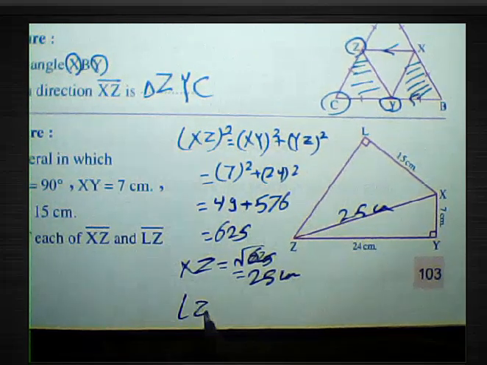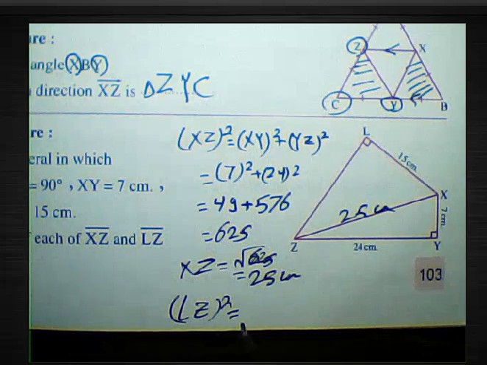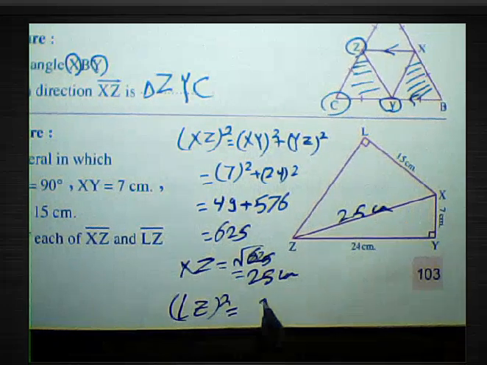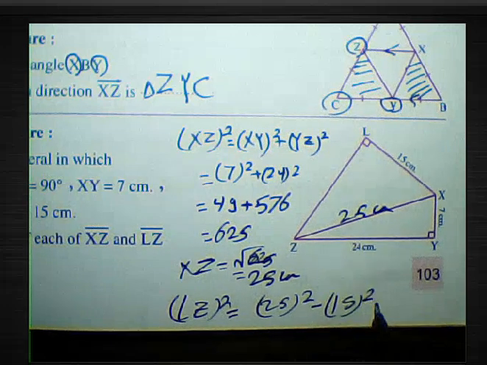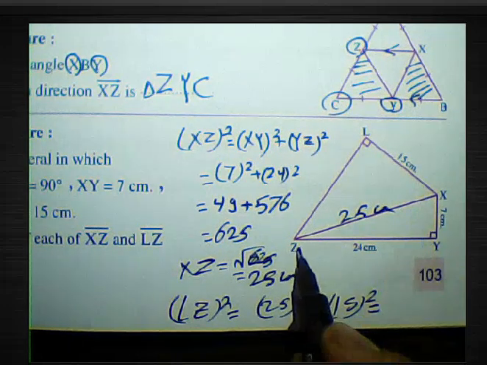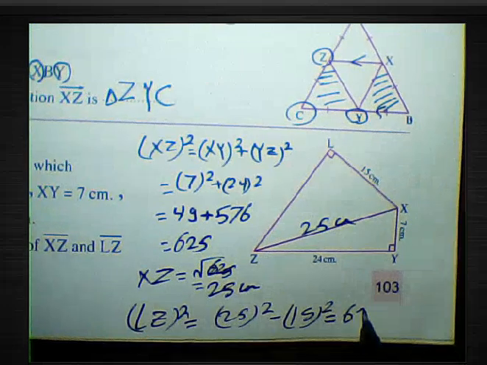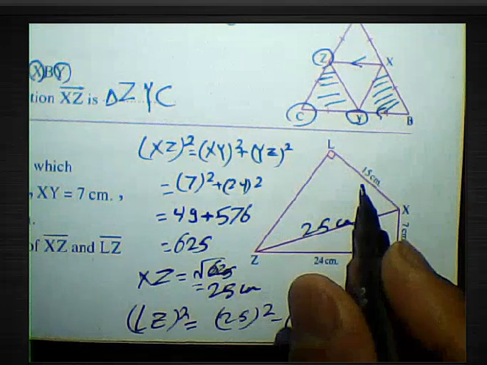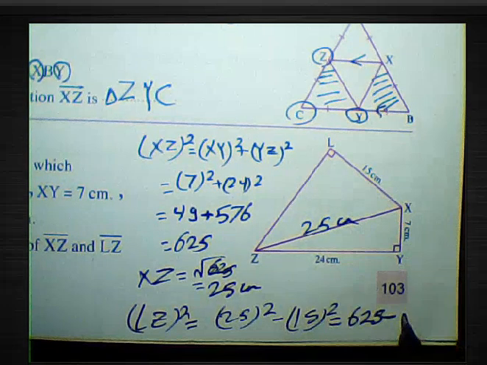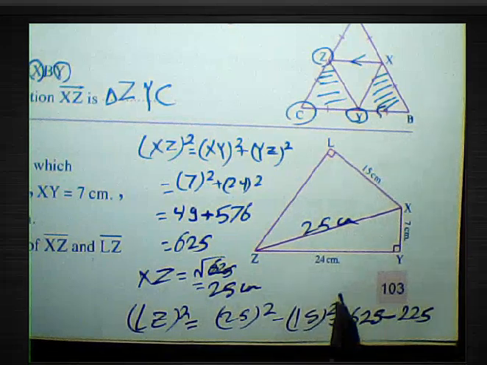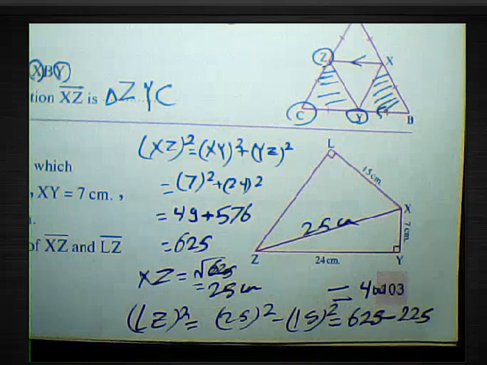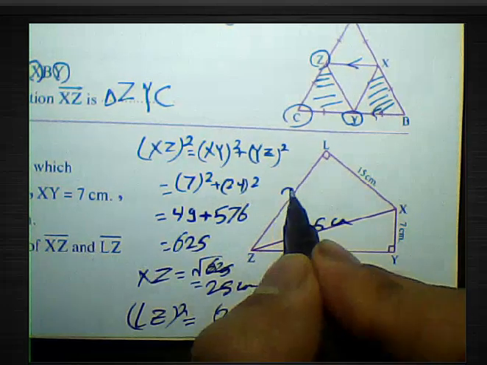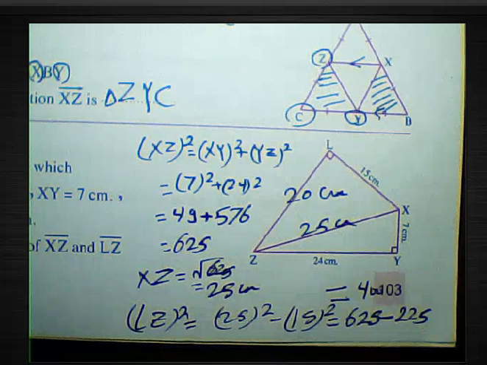LZ power 2 will be 25 power 2 subtract 15 power 2. 25 power 2 equals 625, subtract 15 power 2 equals 225, the difference between them equals 400, and the square root of 400 equals 20 centimeters.